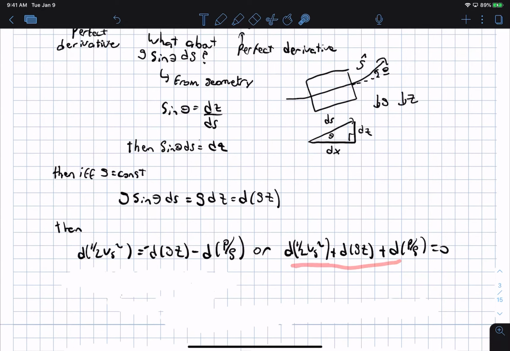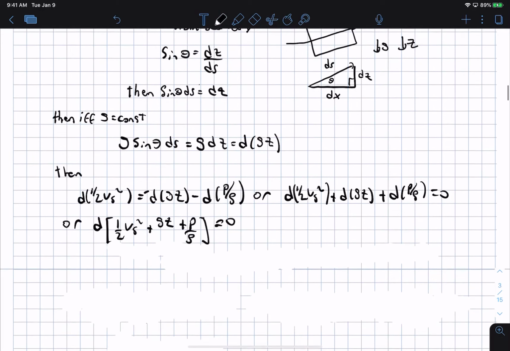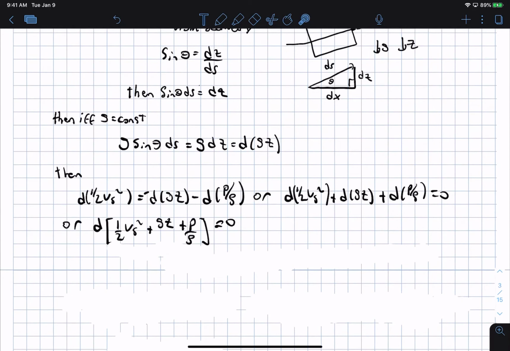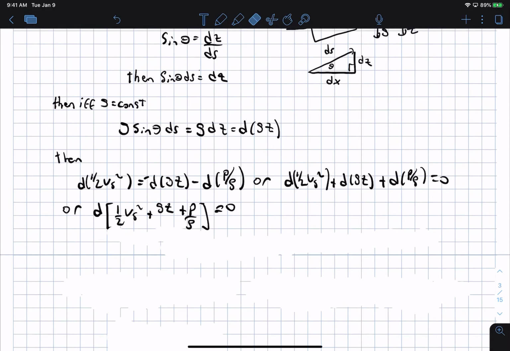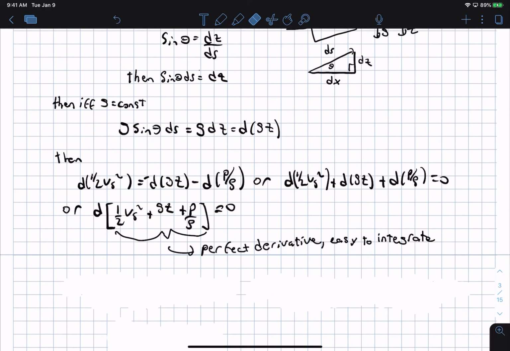So I can actually combine these into one derivative, like this. And we have the derivative of 1/2 v squared plus gz plus p over rho is equal to 0. And this is really nice now, because this entire thing is a perfect derivative that is equal to 0.